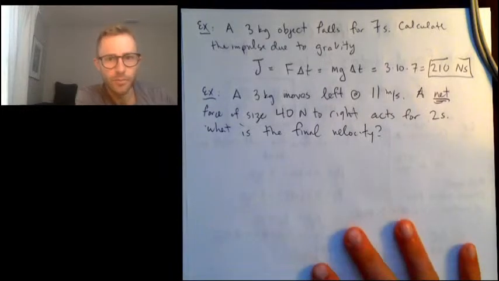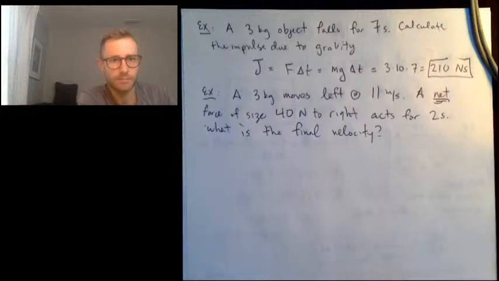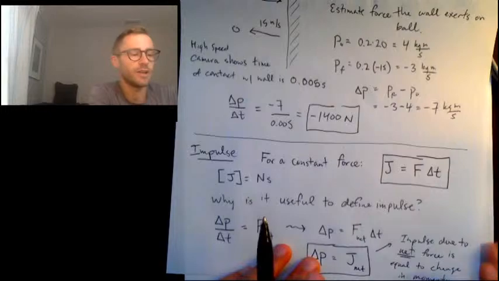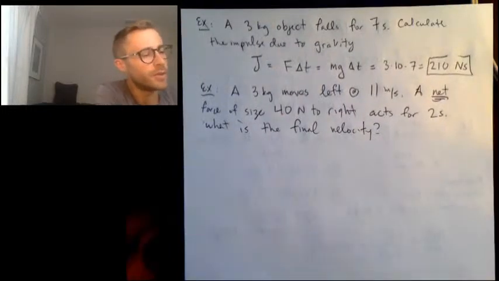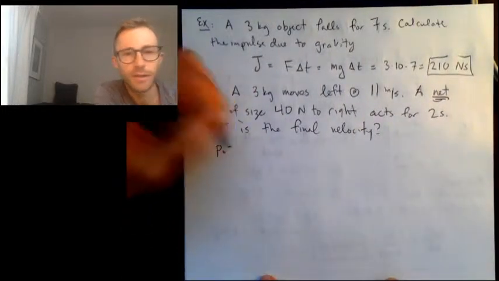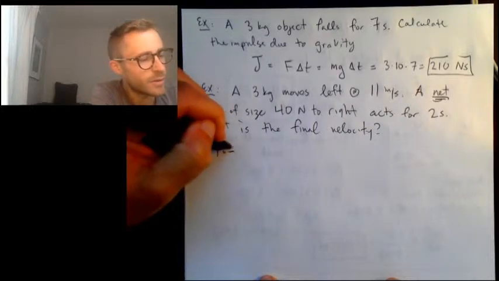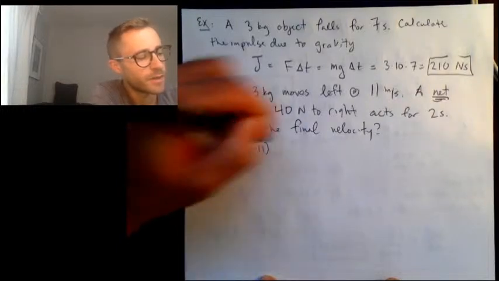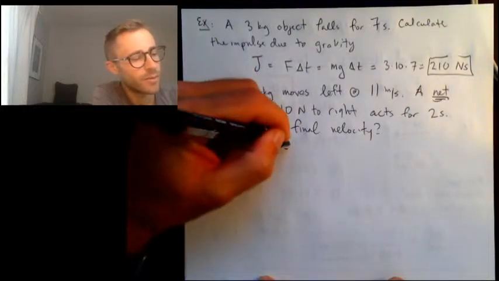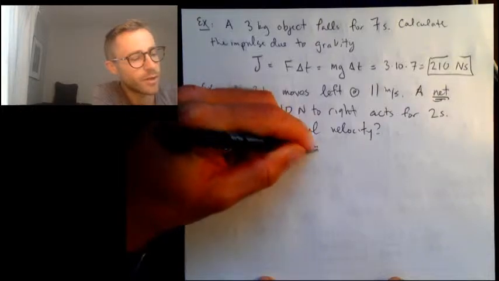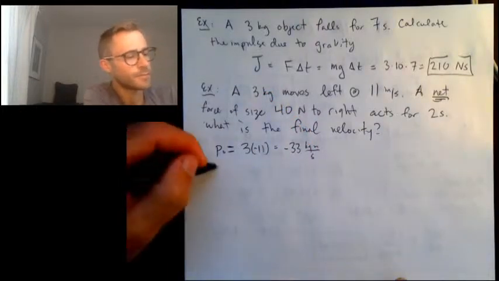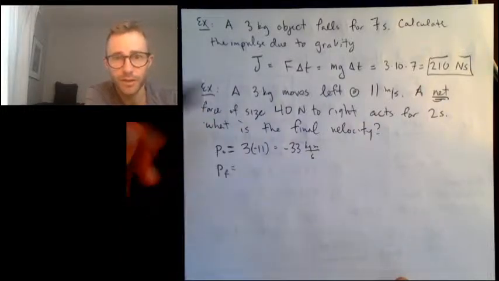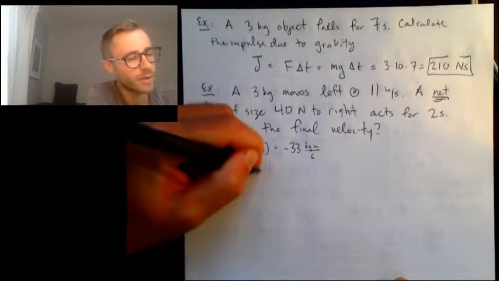Because we have a net force acting, we are going to use this equation: change in momentum is J net. The initial momentum, since it starts out moving to the left at 11 meters per second, is 3 times negative 11, so negative 33 kilogram meters per second. The final momentum is unknown, so I'll leave it as 3v final.